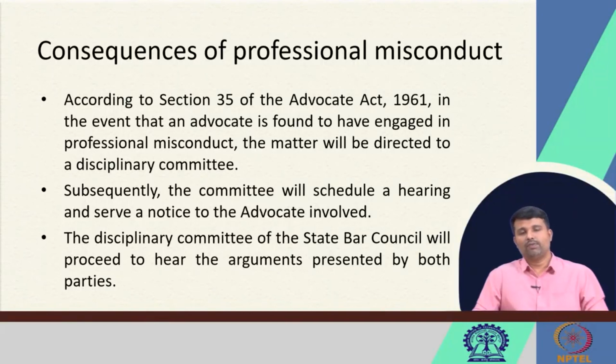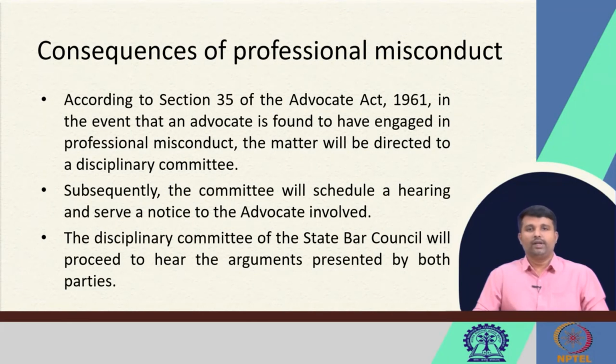The consequences for professional misconduct by an advocate are provided under Section 35 of the Advocates Act, 1961. The Advocates Act, 1961 is the legislation that deals with the conduct and professional matters of advocates.